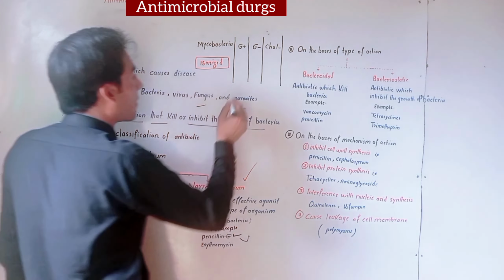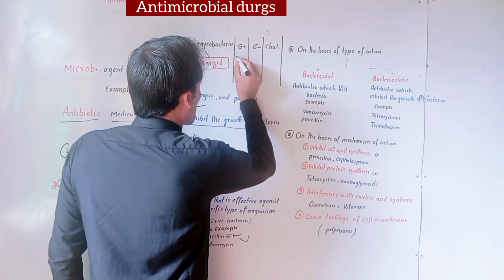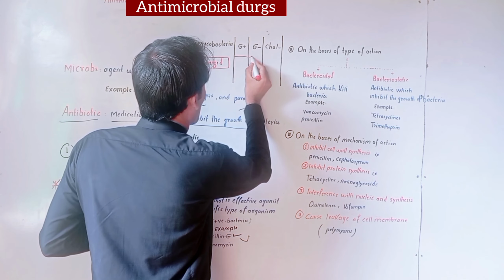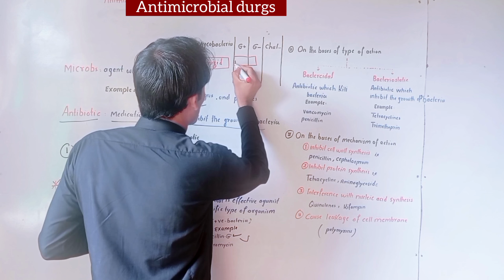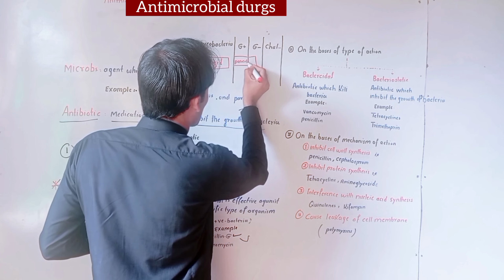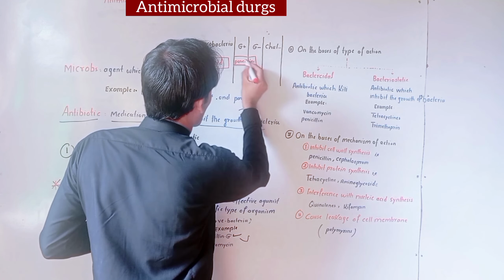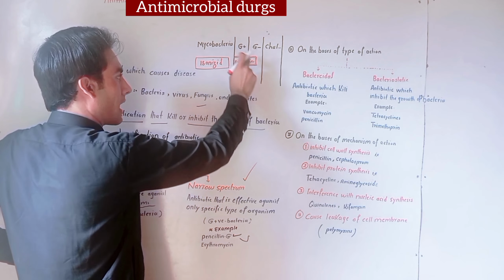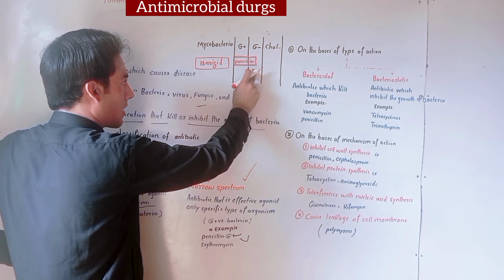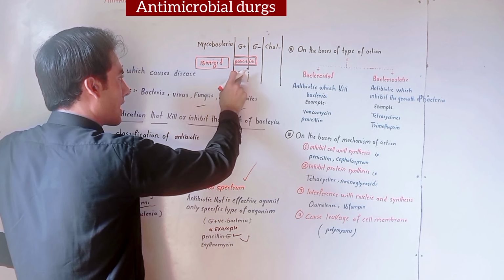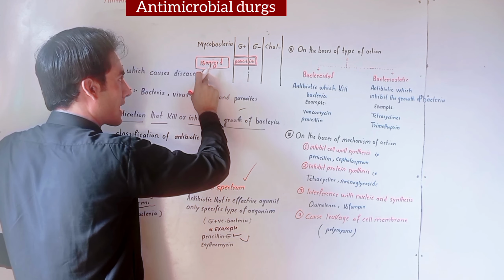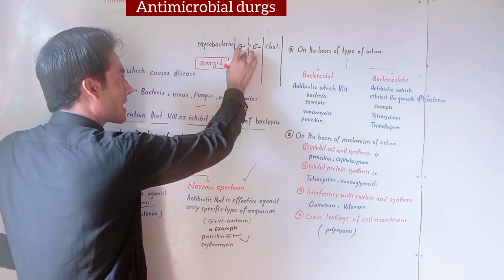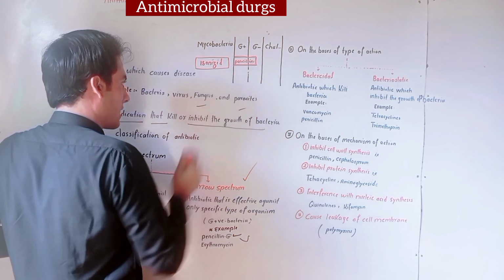Now, if we talk about penicillin, penicillin kills all gram positive bacteria and some gram negative bacteria. As compared to penicillin, isoniazid is very narrow spectrum because it kills only one type of bacteria, and penicillin G kills all gram positive bacteria and some gram negative bacteria.